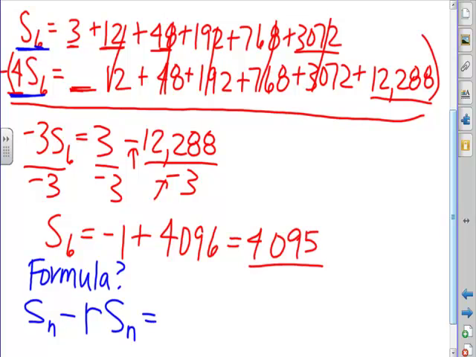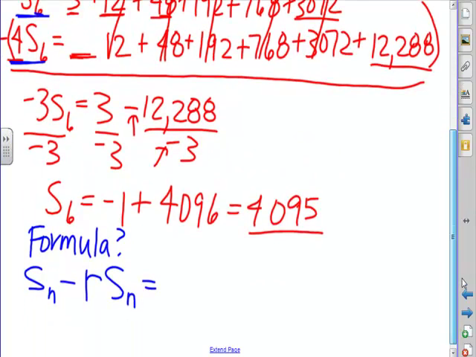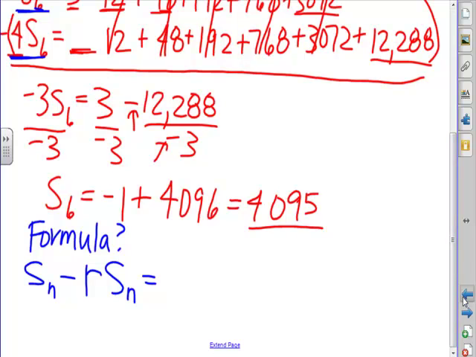And in the end, it ended up being equal to a sub 1, let me write this and then I'll talk about it, minus a sub 1 times r to the n.